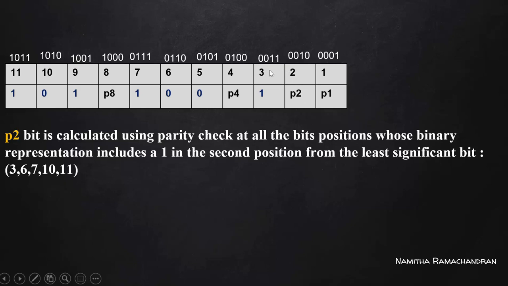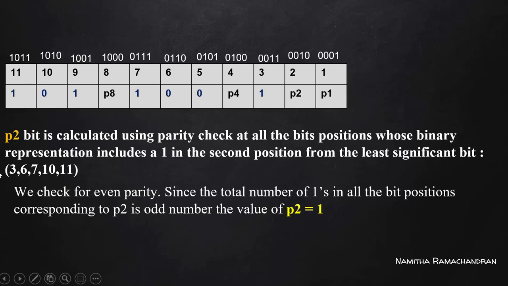So remaining such positions are this 3, this 6, 7, 10 and 11. Now we can consider the value present at these locations. 3 with value 1, 6 with 0, 7 with 1, 10 with 0, 11 with 1.